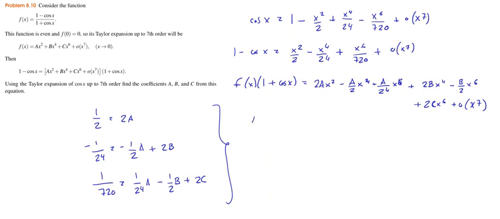So a is actually 1 over 4. And then we have 2 times b is minus 1 over 24 plus 1/2 of a, which is 1/8, so this is equal to 3 over 24 minus 1 over 24, which is 2 over 24, or 1 over 12. So that implies that b is 1 over 24.